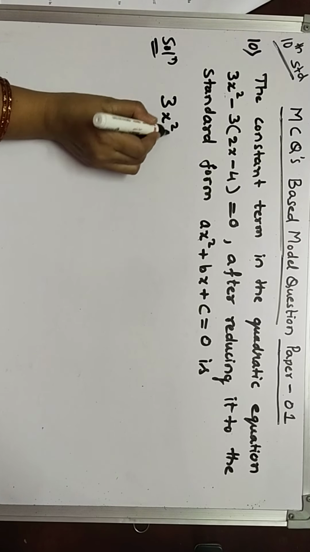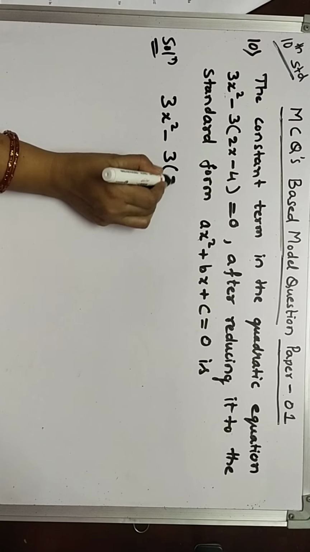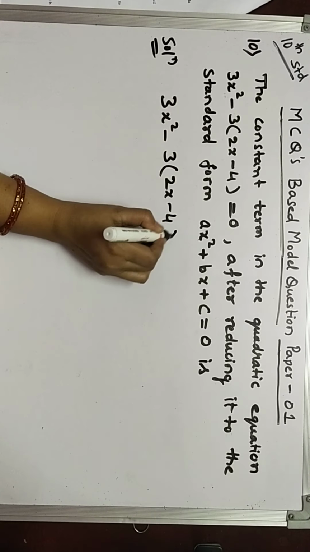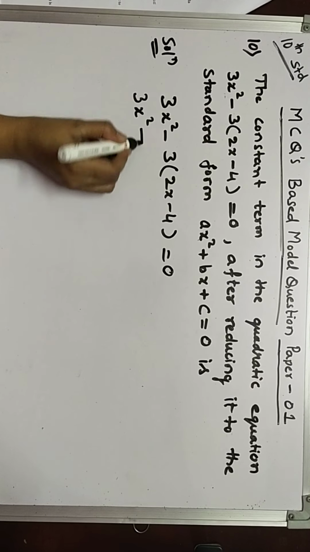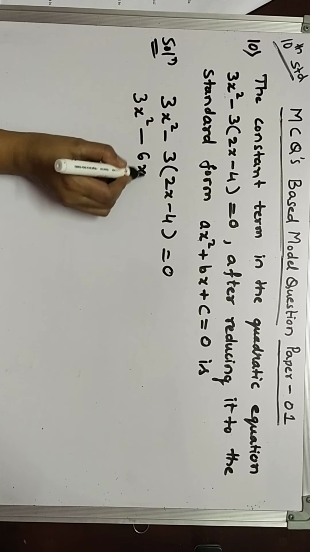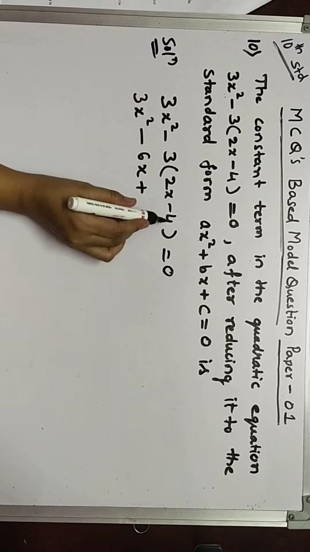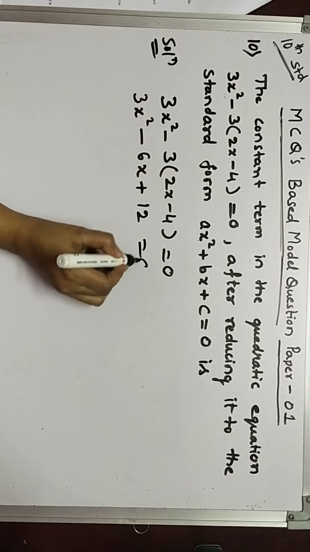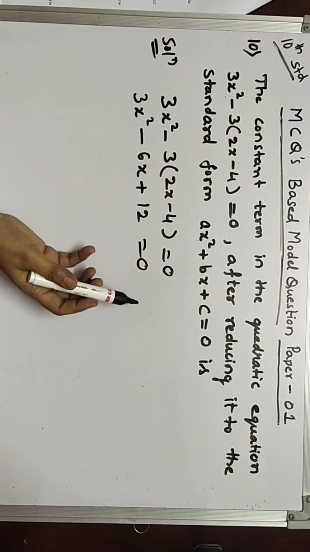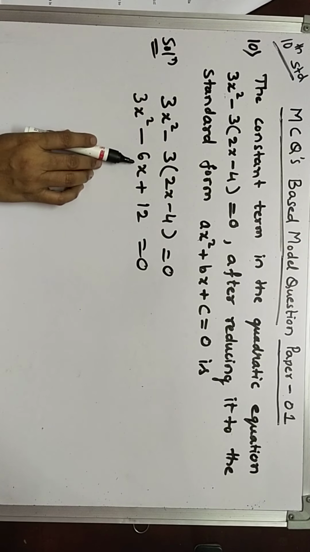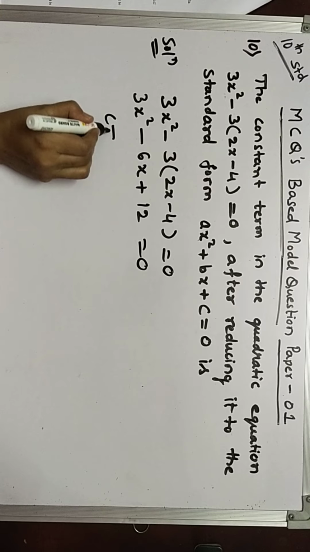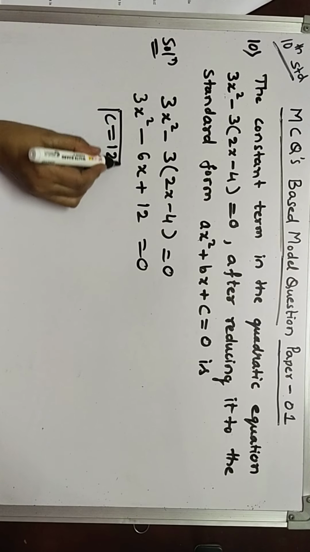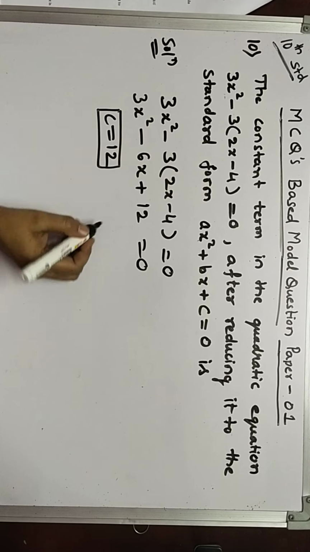So 3x square minus 3 bracket 2x minus 4 is equal to 0. 3x square minus 3 2s are 6x, minus into minus plus, 3 4s are 12. Now it is in the standard form, no? So ax square plus bx plus c. So here c is equal to 12. That is the constant term of the equation.